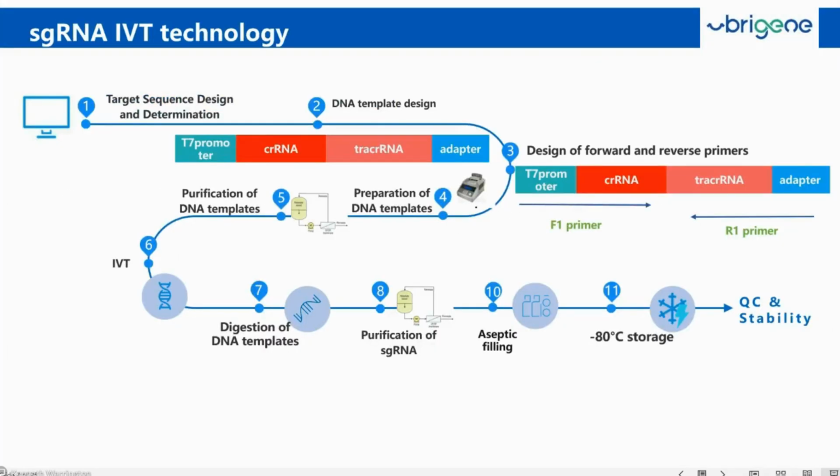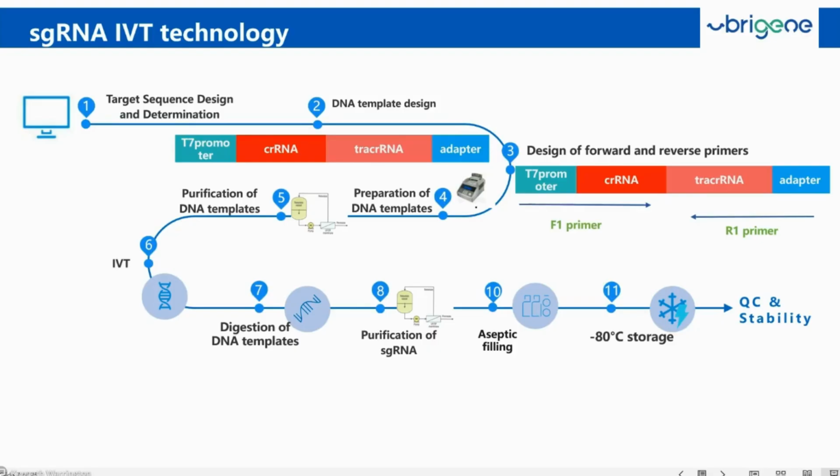So jumping right into the workflow, starting with the small guide RNAs, our services begin with the offering of target sequence design and determination, the DNA template design, and then, of course, the generation of both forward and reverse primers.